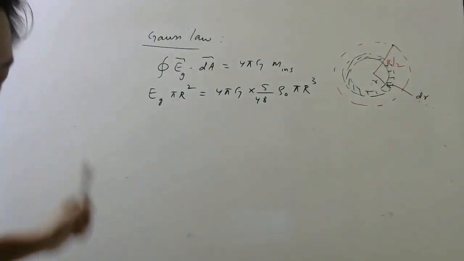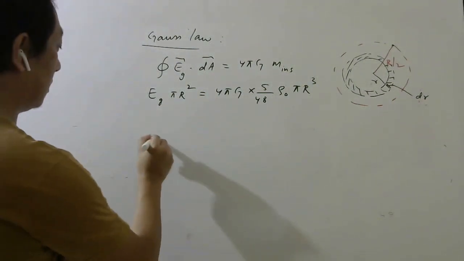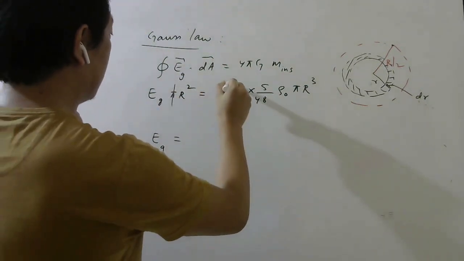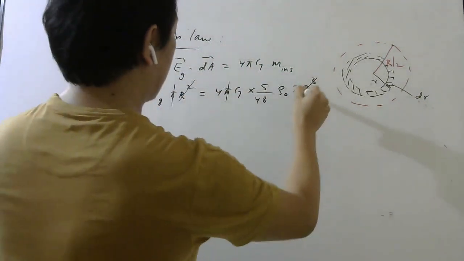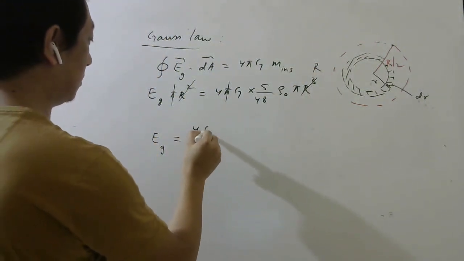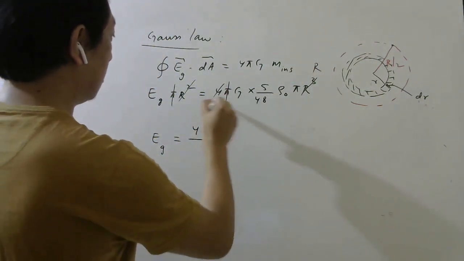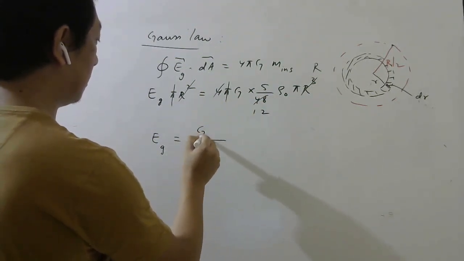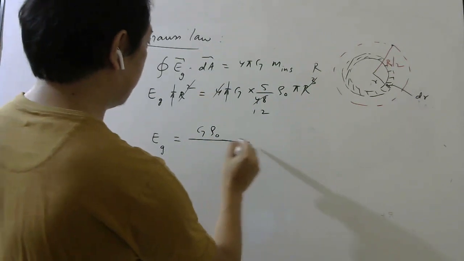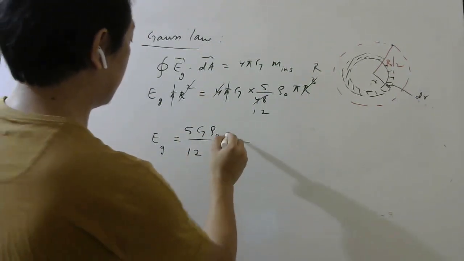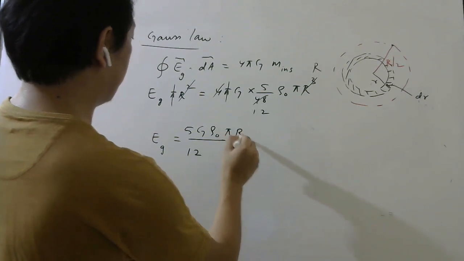So this will give me Eg equals, pi I can cancel, r square will cancel with r, so 4 G, this will also cancel, so it will be 5 G rho naught by 12 pi r.